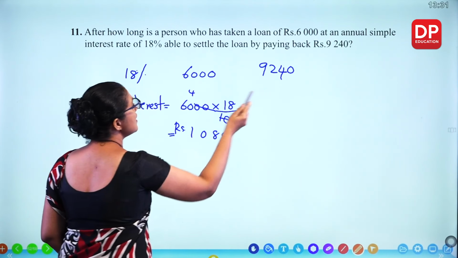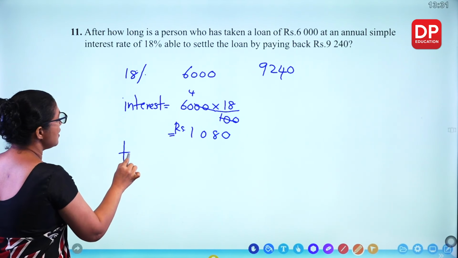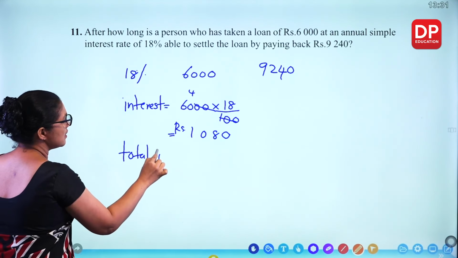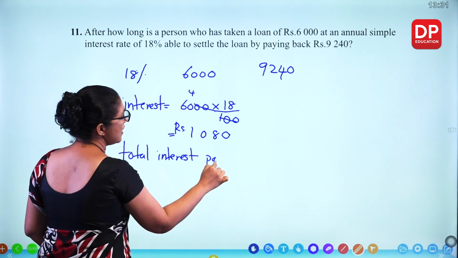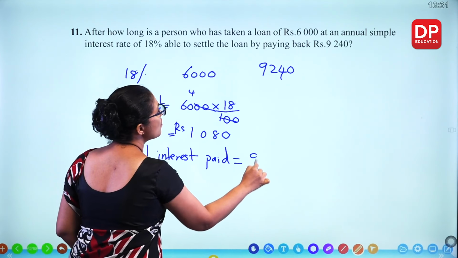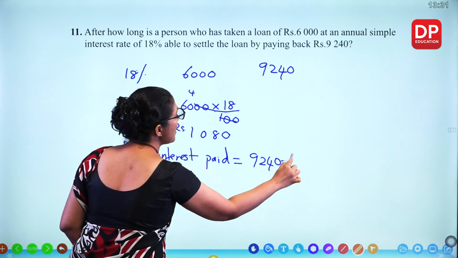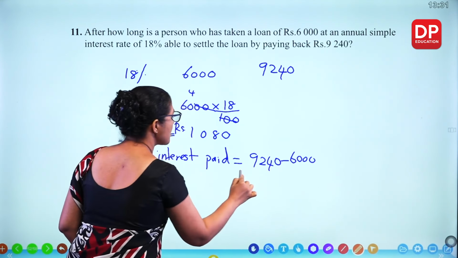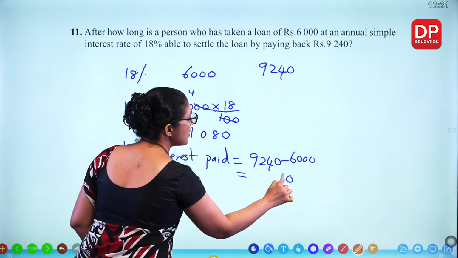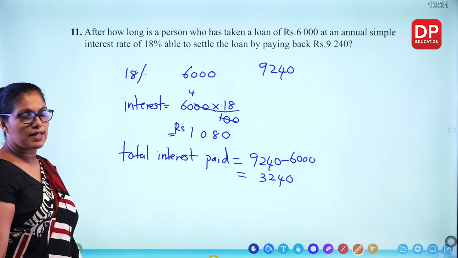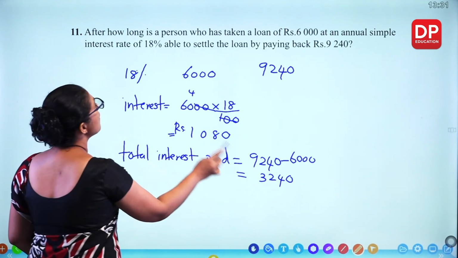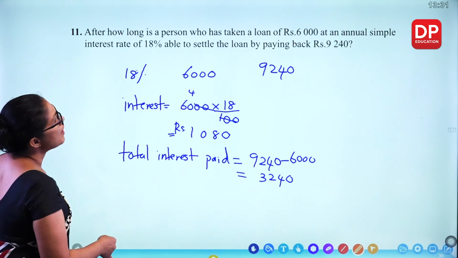So what's the interest in total? Total interest paid is 9,240 minus 6,000. So when you subtract, you are getting 3,240.